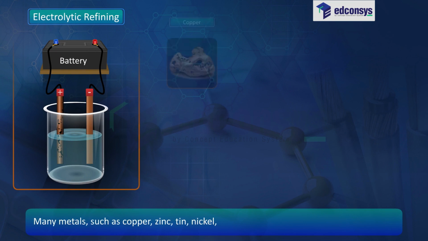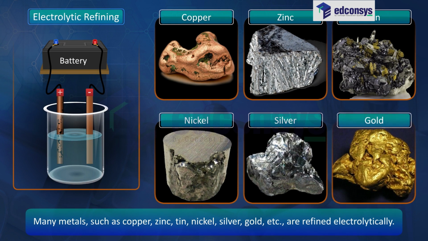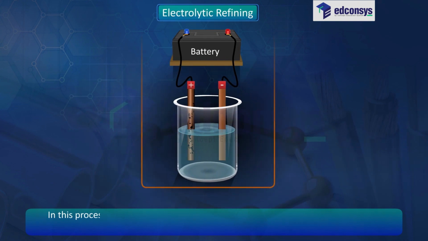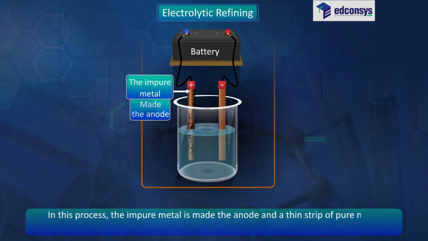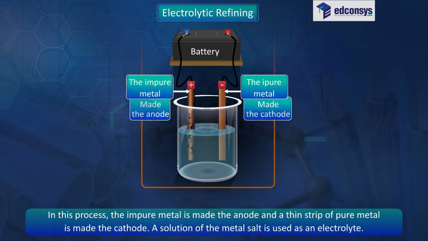Many metals such as copper, zinc, tin, nickel, silver, gold, etc. are refined electrolytically. In this process, the impure metal is made the anode and a thin strip of pure metal is made the cathode. A solution of the metal salt is used as an electrolyte.